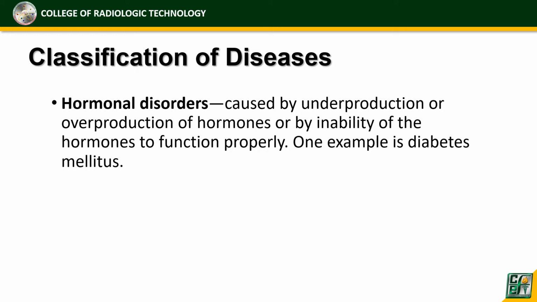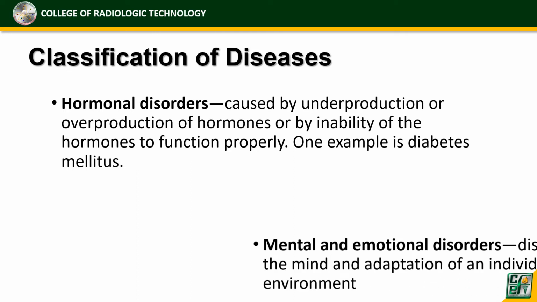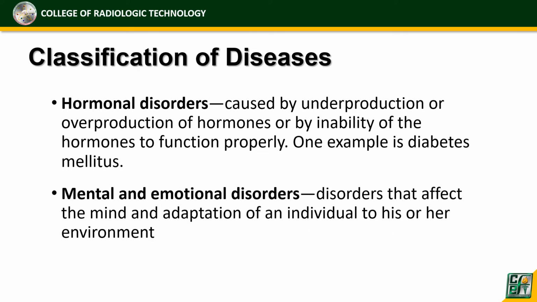And another one is hyperthyroidism, where there is an overproduction of the thyroid stimulating hormone, the TSH. Then we also have the mental and emotional disorders. These disorders affect the mind and adaptation of the individual to his or her environment, such as anxiety and depression.